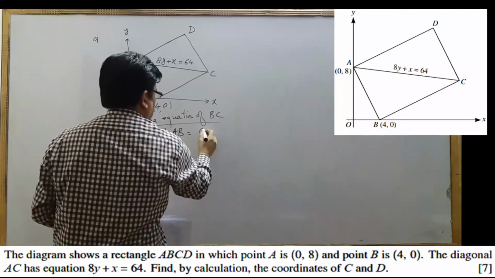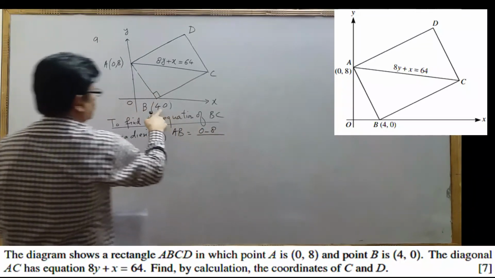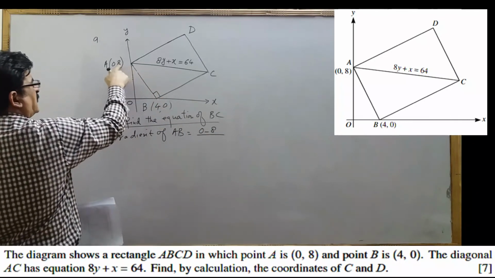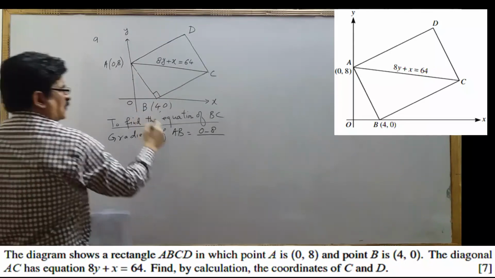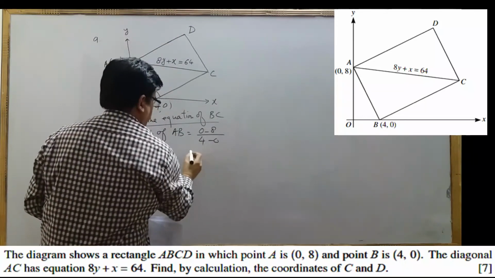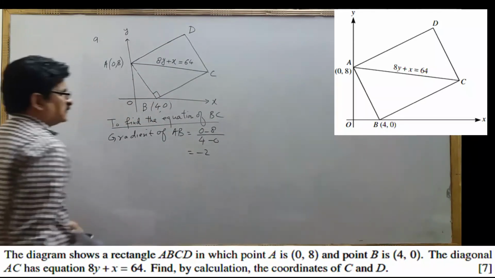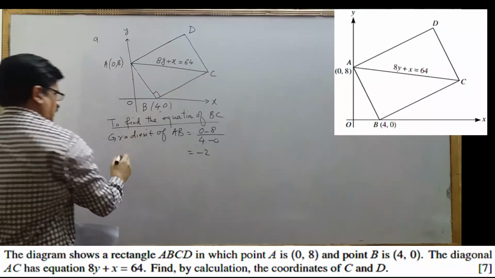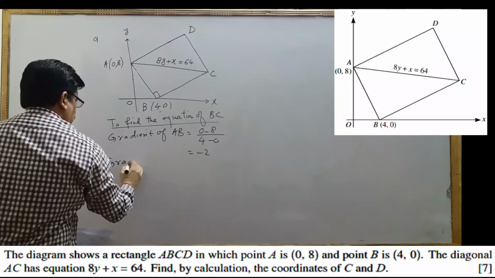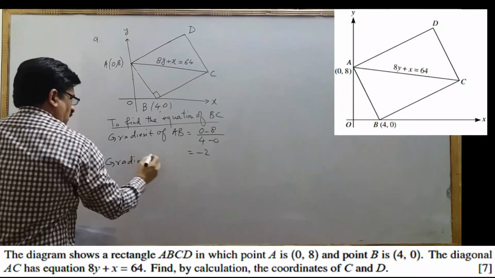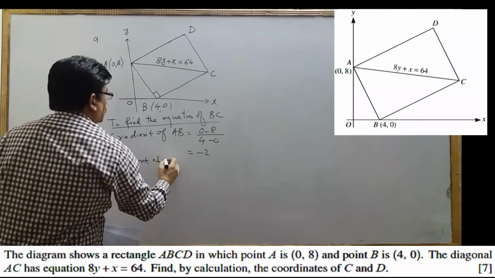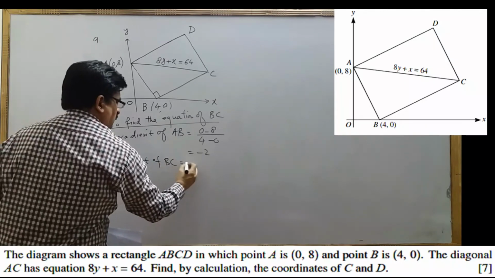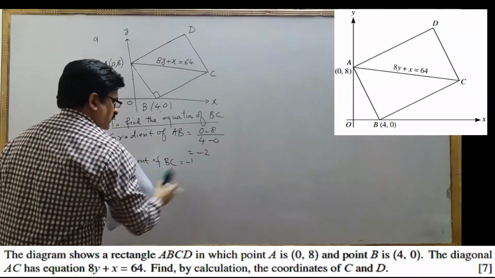Taking this as (x2, y2), y2 minus y1 over x2 minus x1. This is minus 2. Now what will be the gradient of BC? It is perpendicular to AB. So the gradient of BC will be equal to minus 1 over 2.